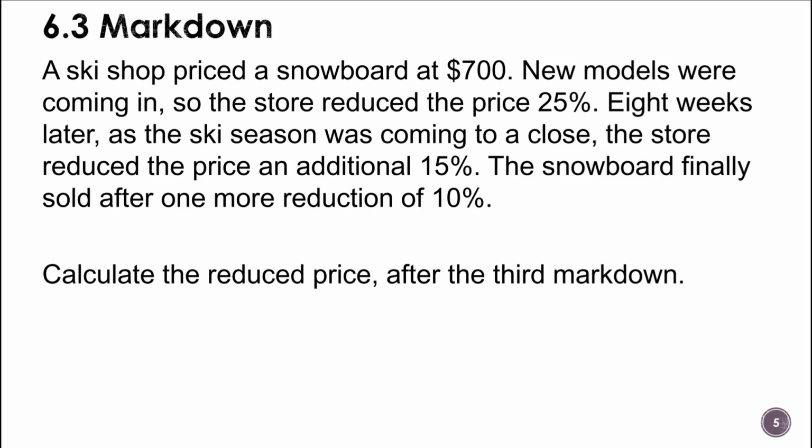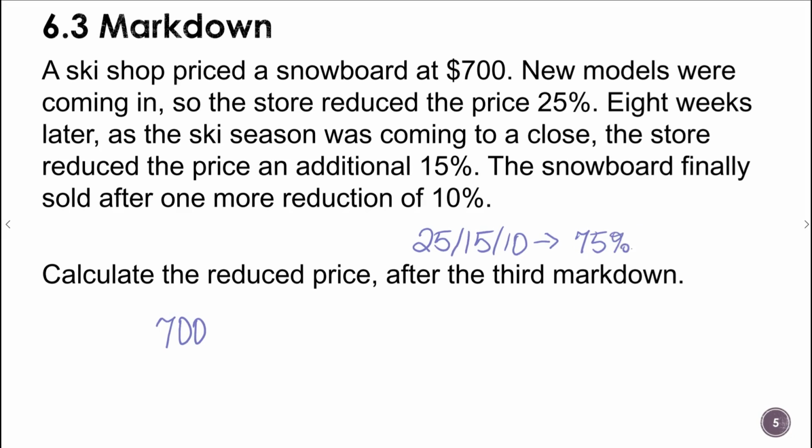This is really just like a series discount, and that series discount would be 25, 15, 10. And so the complements of that would be 75, 85, and 90. So we're going to just use those and multiply the 700, right? Let me put percents with those. I don't want that to be confusing. 75%, 85%, and 90%.